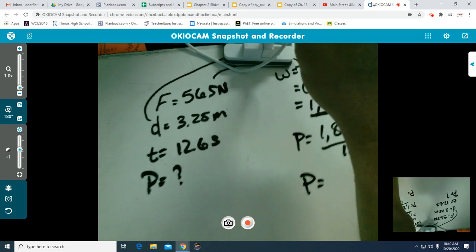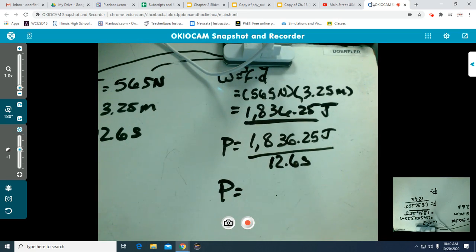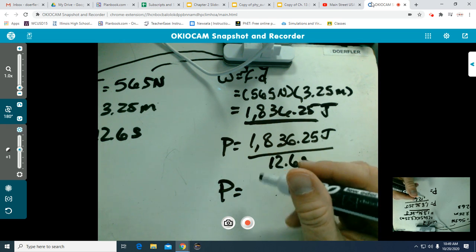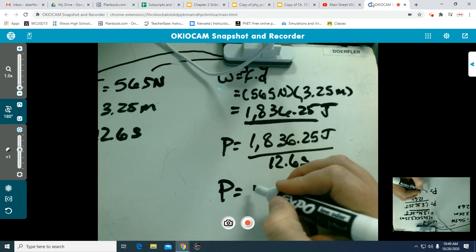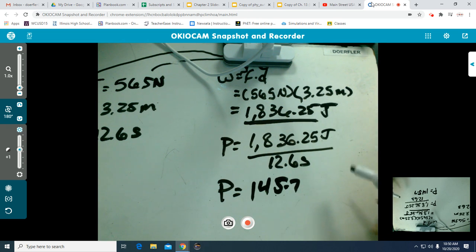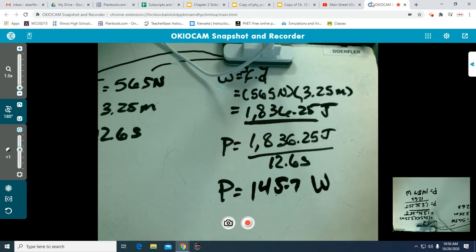And so what do we get for that? 145.7, and it's going to be in watts. Now you can put a capital W, or if you want to write watts, that's fine as well.